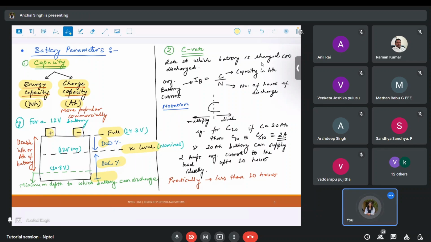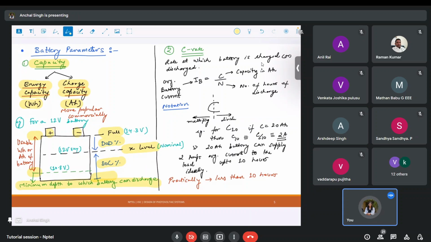Okay, and for all types of batteries, depending on the chemistry, there is always a minimum depth to which the battery can discharge. So from the top to this minimum depth, this is the usable watt hour or ampere hour of a battery. Always keep this diagram in mind, and you will be able to understand the significance of all these parameters, right?